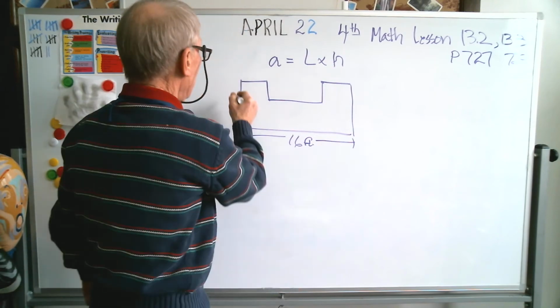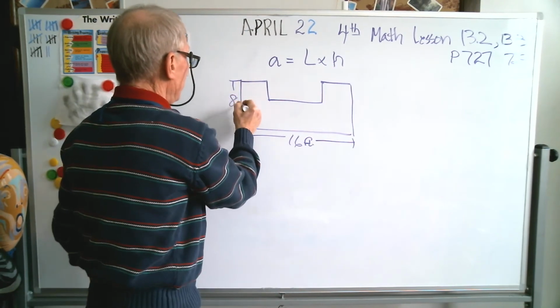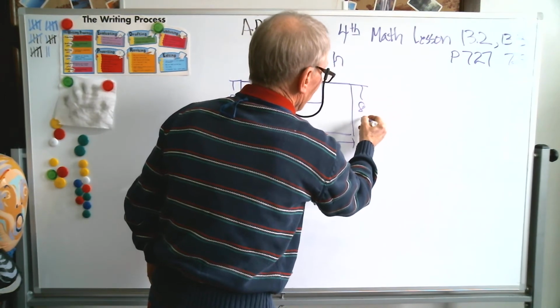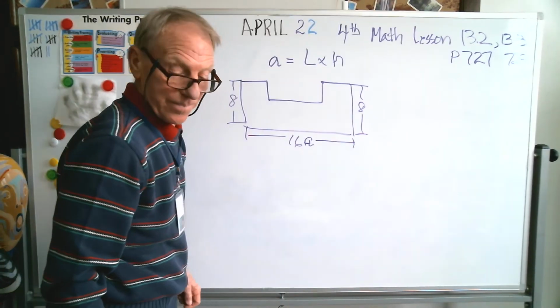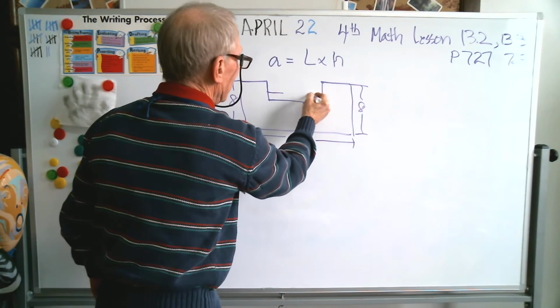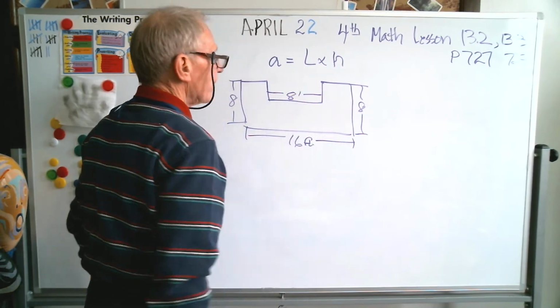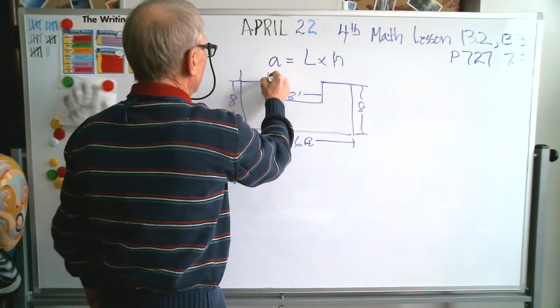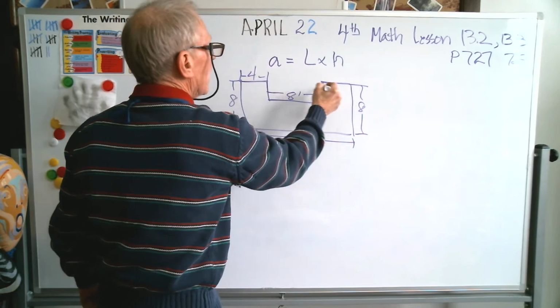Its overall heights are 8 feet, and it's the same on both sides. It's 8 feet high. From here to here is 8 feet, and it's saying that these two are 4 feet.